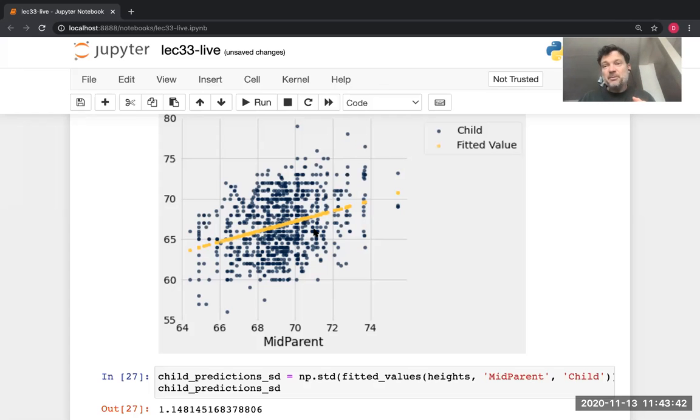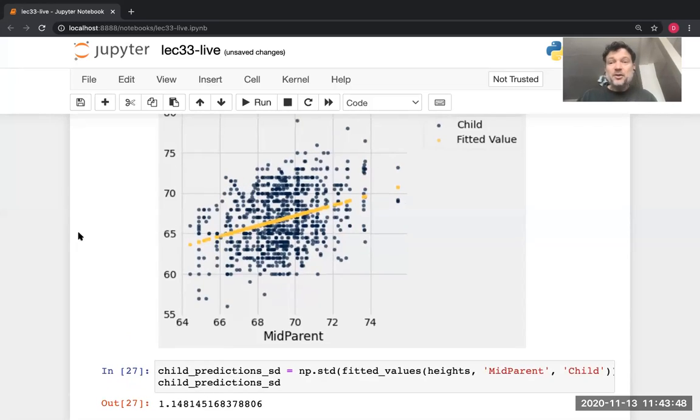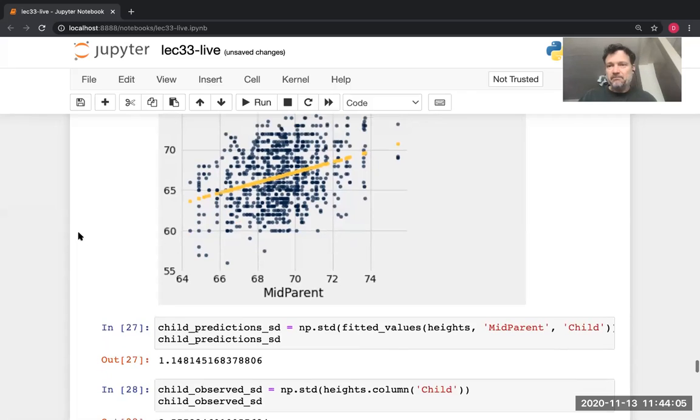And that variability is measured by the standard deviation. So the standard deviation of the actual values, 3.6, tells you about how far off you would typically be if you made that ignorant prediction without knowing the height of the parent. 3.6 inches would be a standard deviation. That'd be a typical kind of error. Okay, and you can see that the yellow line has less variability around that mean.